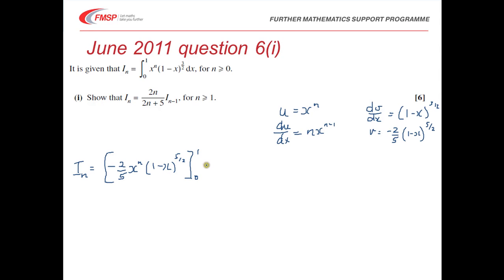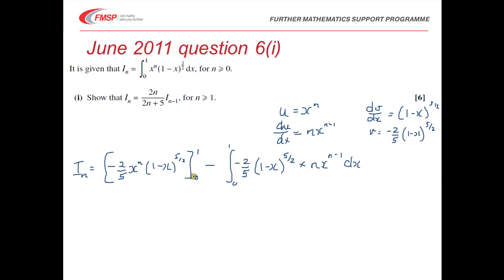And from that we're going to subtract the integral of v du/dx, so that's minus 2/5 of (1 minus x)^(5/2) times n x^(n-1), and again we're evaluating between 0 and 1.